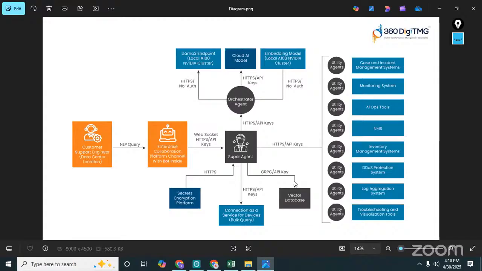For example, if the engineer types server crashing after database sync, then the super agent will fetch similar vector embedded incidents, even if earlier wordings were crash post data flush. So even though the terminology was completely different, it is still going to fetch the similar incidents. The super agent has this kind of a capability.